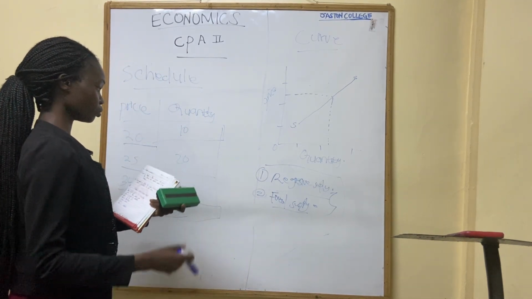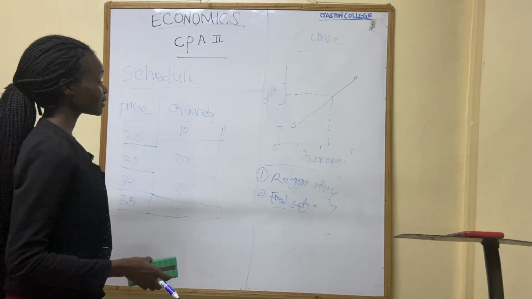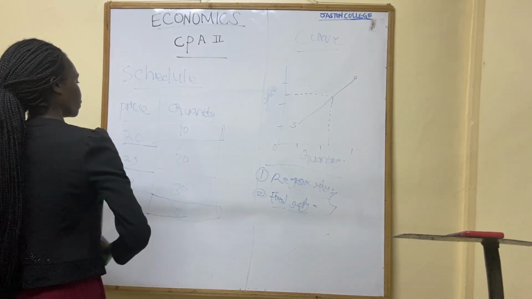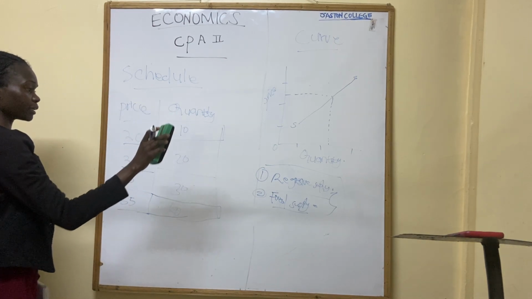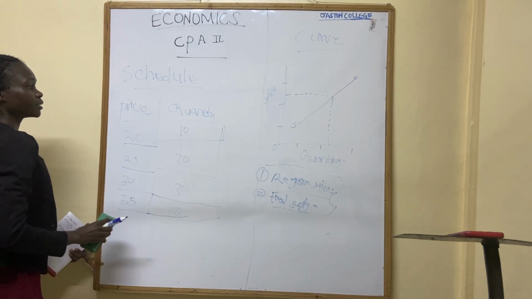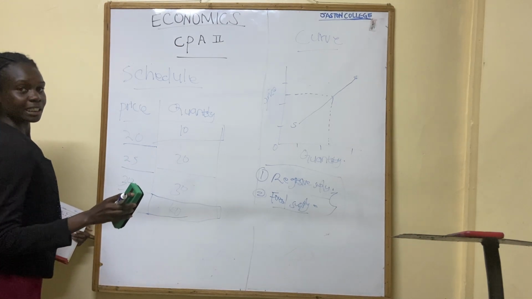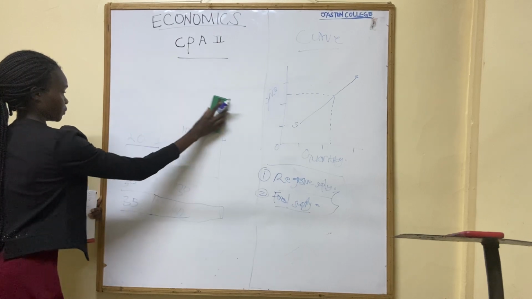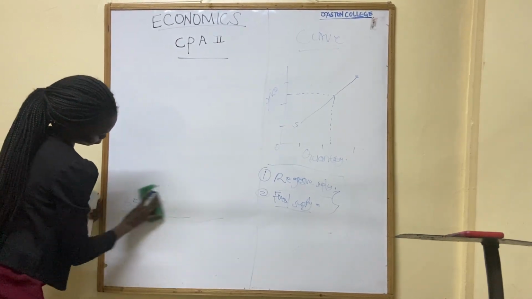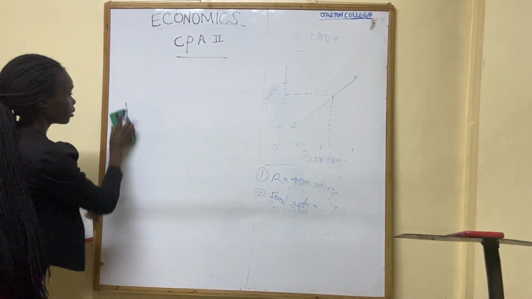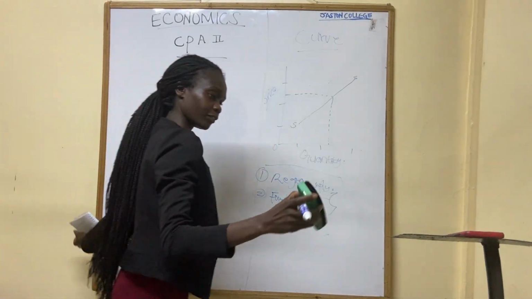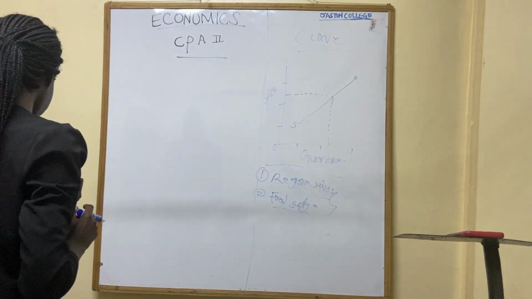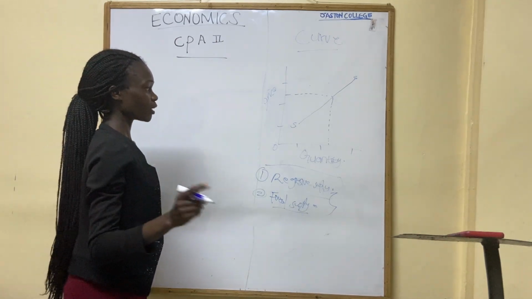So we are going to discuss the factors affecting the supply of a commodity. Factor number one affecting supply is the price of a commodity.